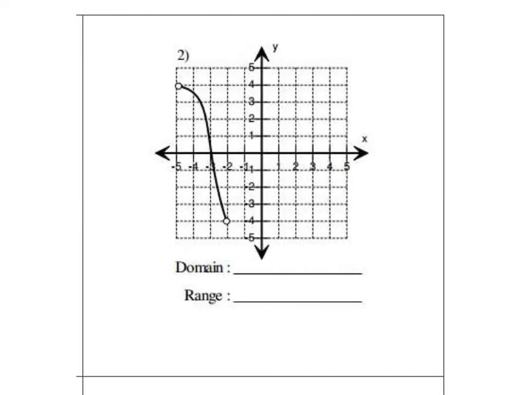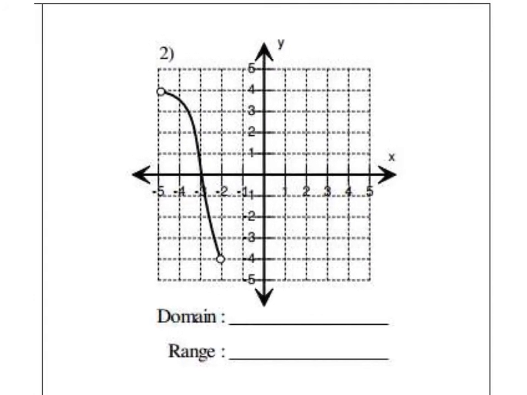So let's take a look at example number 2. So here's example number 2, and again I'm going to box these in. So our domain, our x values, goes from this open circle right here to this open circle right here. So our x-axis is going from negative 5 all the way to negative 2.